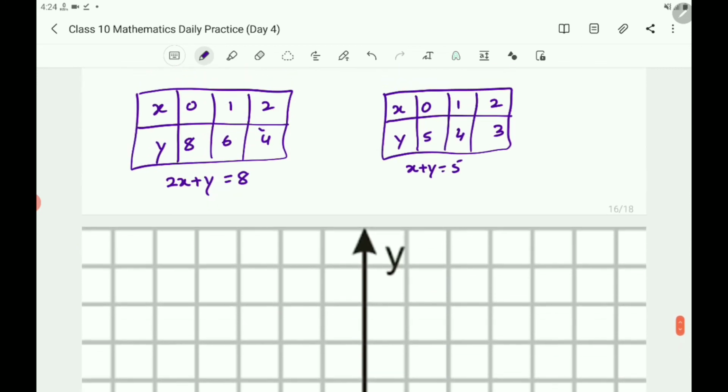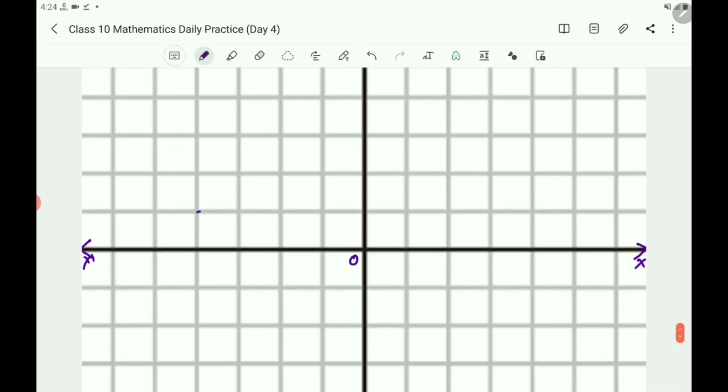You know that on the y-axis 8 is the maximum and on the x-axis 2 is the maximum. So on the x-axis you can take 1, 2, 3, 4, 5, 6, minus 1, minus 2, minus 3, minus 4, minus 5, minus 6.